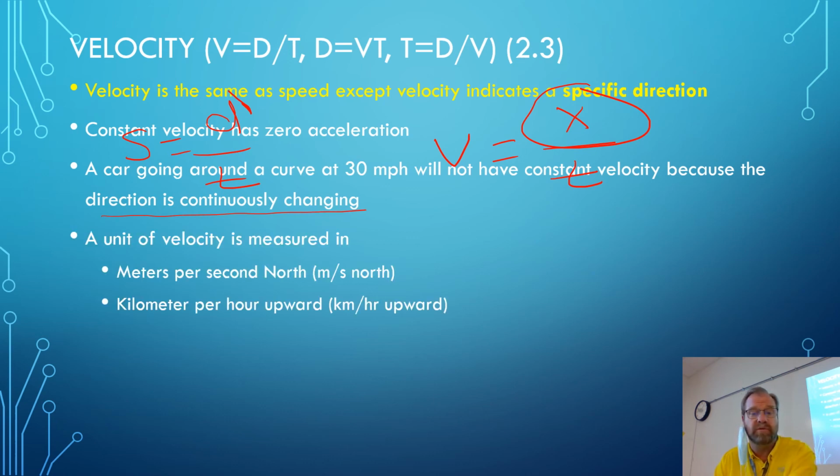That's just a repeat of what we already talked about. Unit of velocity is measured in meters per second, and I told you that earlier, but now it's on here again. Meters per second is what you need to put. And see how it says north? So you actually have to put your direction in there when you're doing velocity. Kilometers per hour is okay.